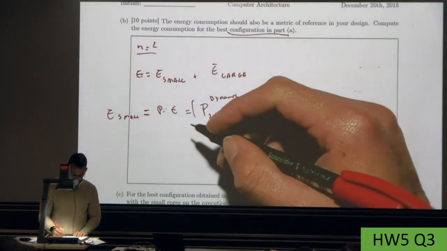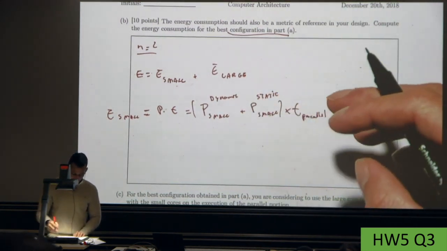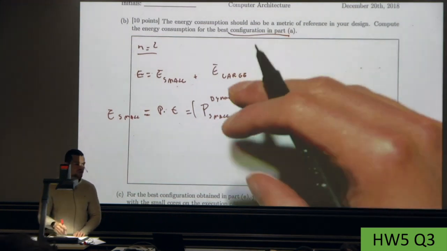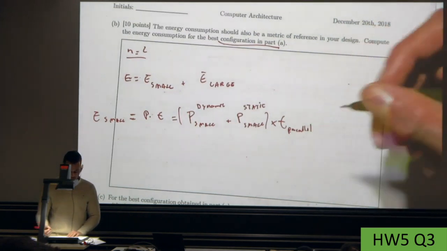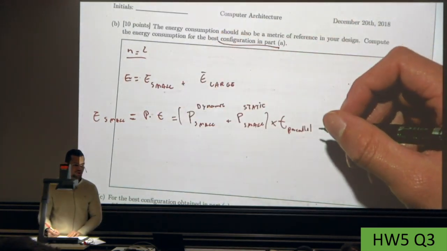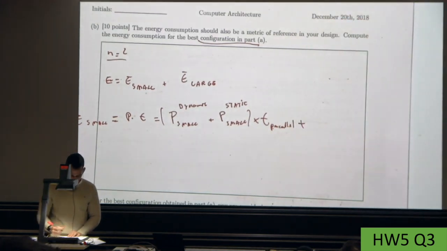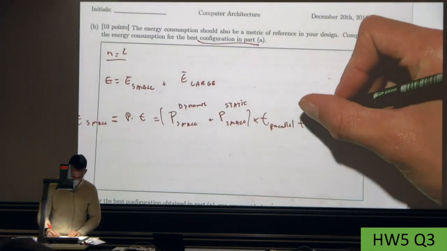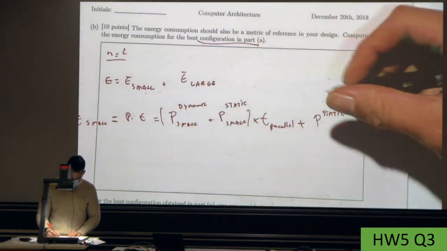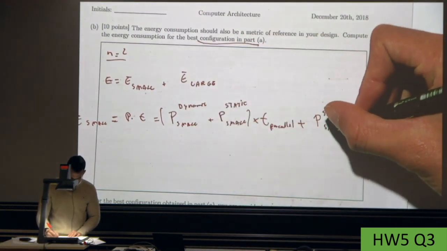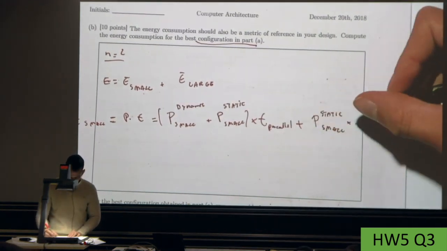However, while the serial part is executing, this core is still in the die, so you need to consider the static energy that this core takes while it's not doing any computation. So plus the static power of the small core while the serial portion is being executed.